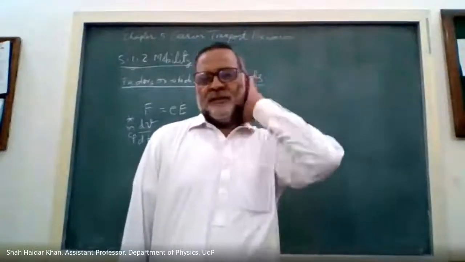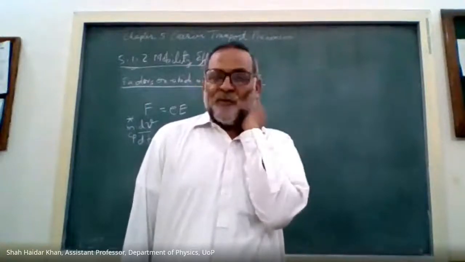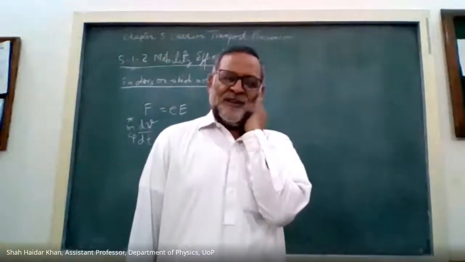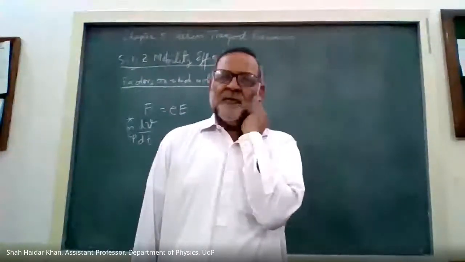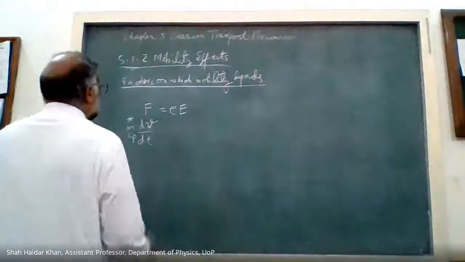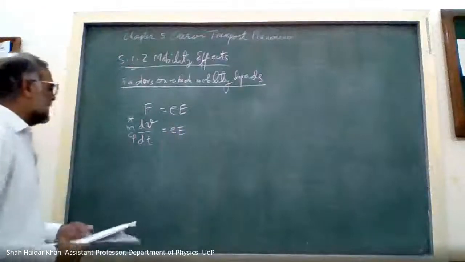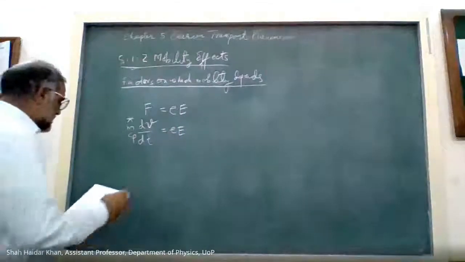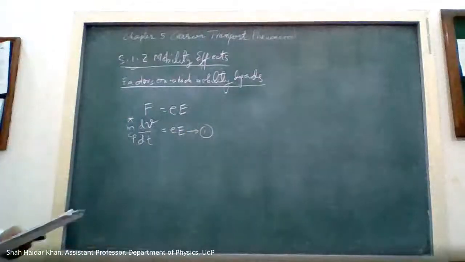So the mass of a hole or an electron, we call it effective mass, the new name, which is the mass of that charge carrier inside a particular semiconductor, right? So that will be equal to eE, that is equation number 1, right?